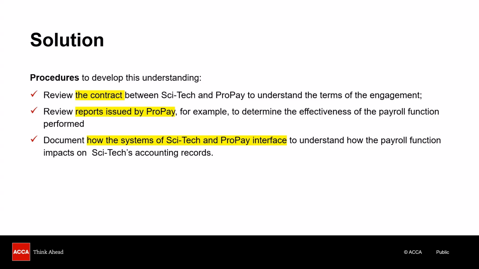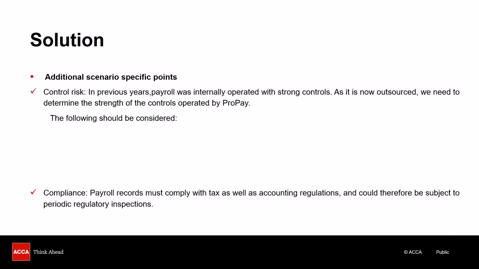In terms of how we can get this understanding, we can look at the contract, we can review any reports which were issued by the service organization, and we're going to look at how the systems of my audit client and service organization actually link together so that I can see where the impact on accounting records is.